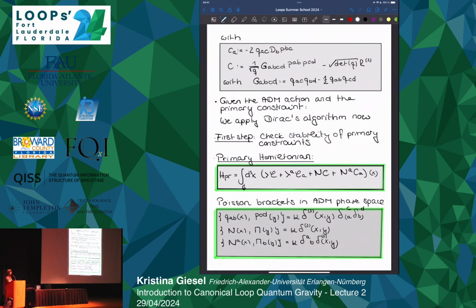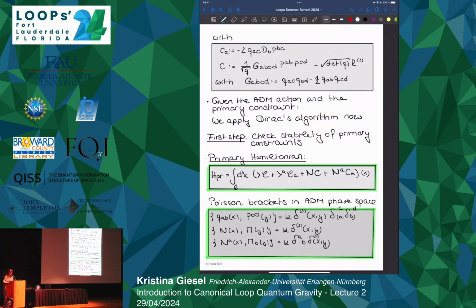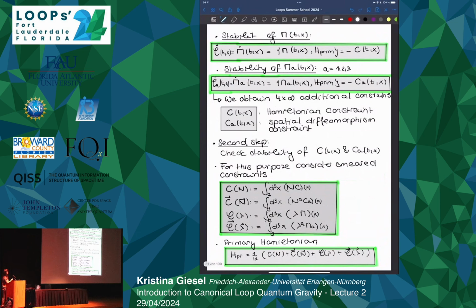So we just get the coefficients, in a sense, C and C^A. And the stability condition means that the primary constraints are stable if we add additional constraints to the system. So we are in case 2, because C^A and C do not necessarily vanish on the constrained hypersurface, so we have to add them as secondary constraints.